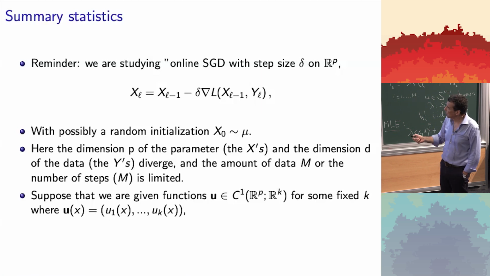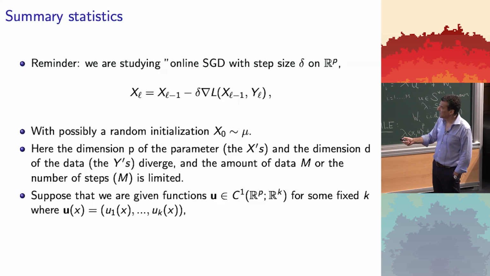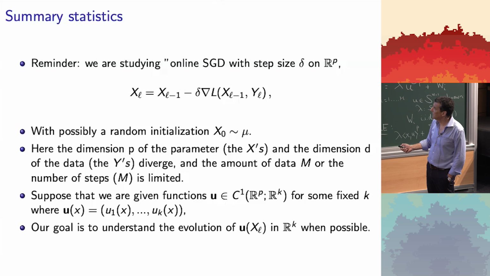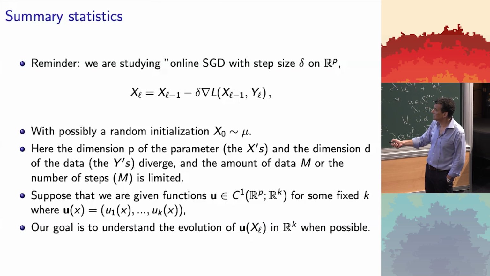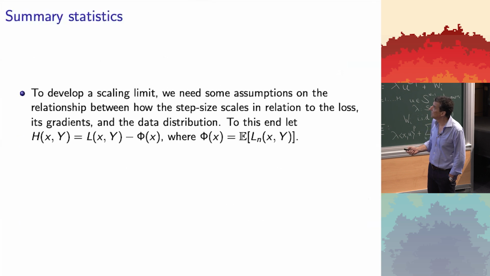Okay, so function u will be my projection. It's a smooth function from Rp, the space of parameters, to Rk. So this is 10 to the 9, this is 17. So that's u. And the importance is to understand the evolution of this projected system, u of xl, when possible.